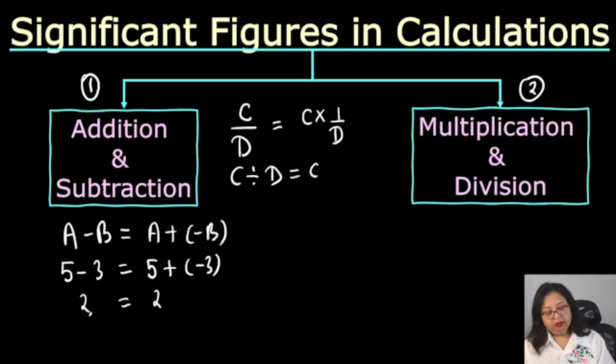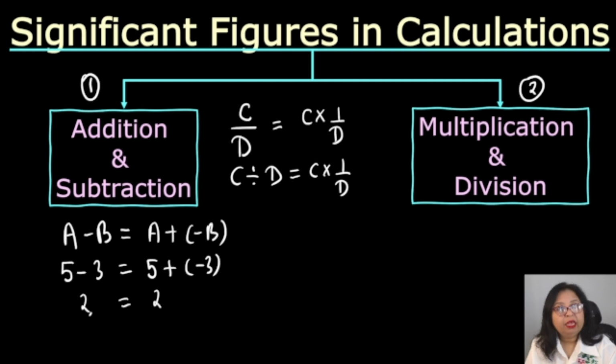So division is same as multiplication by the inverse or the reciprocal. So division is basically the same thing as multiplication and vice versa. There is no difference between multiplication and division. Instead of dividing, you can multiply by the inverse, or instead of multiplying, you could divide by the inverse.